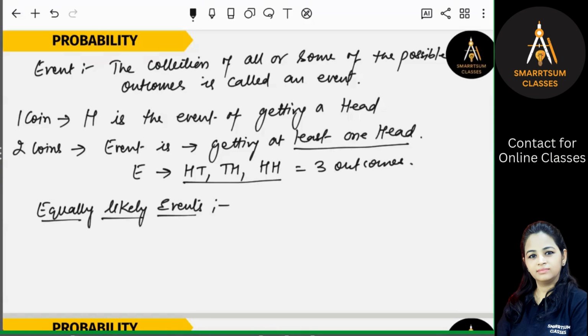If, however, a die is so formed that a particular face occurs most often, then the die is biased. That is not a true die. It is biased if any one number keeps coming again and again, so in that case the outcomes are not equally likely. But if it is a fair die, then all the numbers have the same probability to occur, so each number is equally likely. Is that clear?